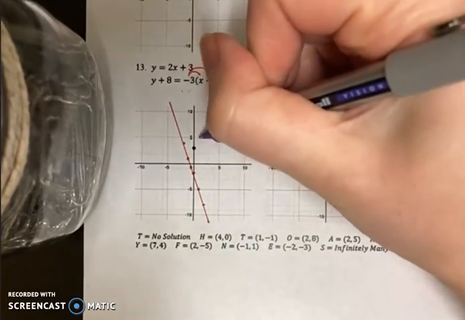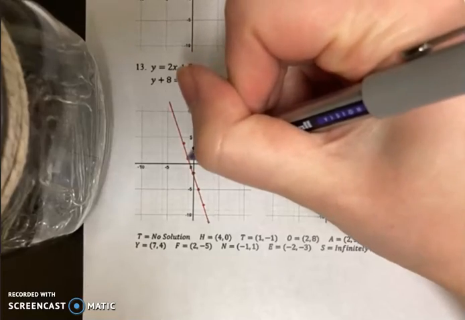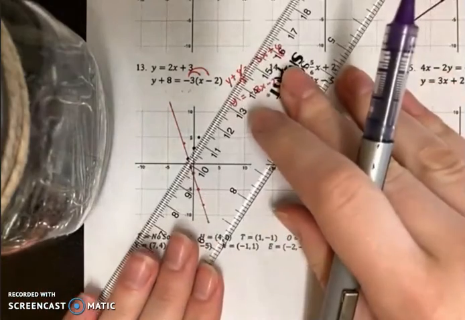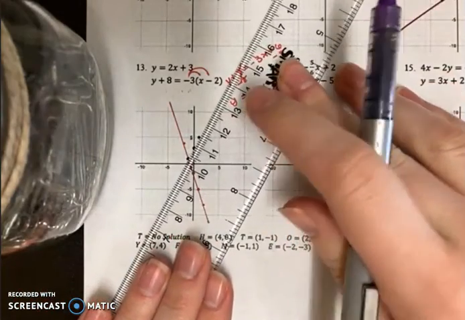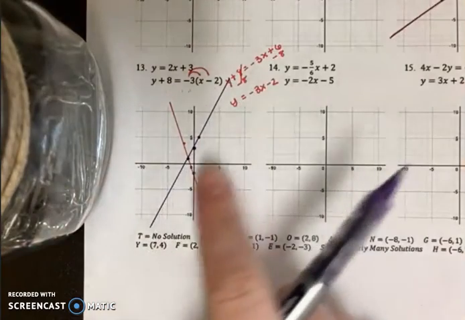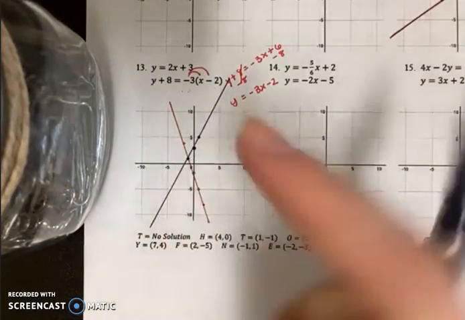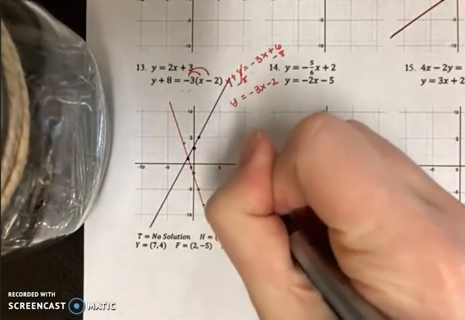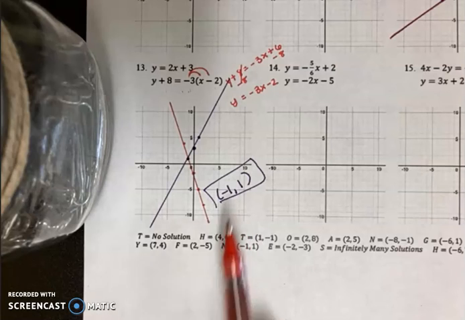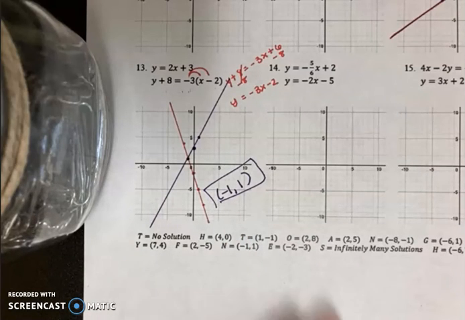So up 2, right 1, or down 2, left 1. You can already see where the point of intersection is. I need to draw my line first. The point of intersection here is -1, 1. Because it's x comma y. -1, 1 on our list is right here. It is n. So I'm going to go back and put n for number 13.